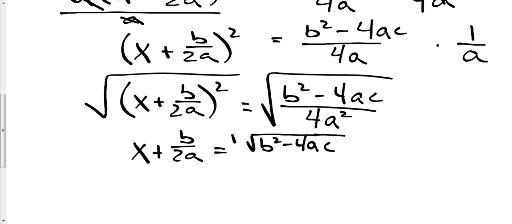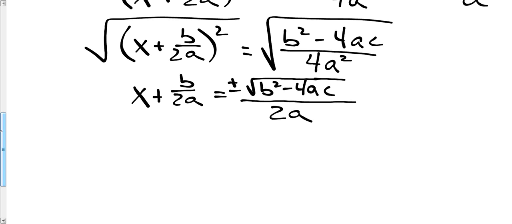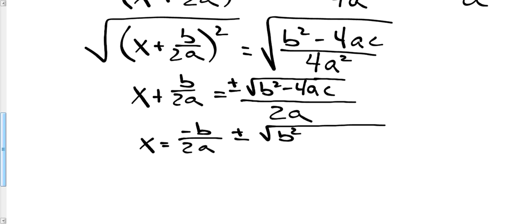Plus or minus. And what's the square root of the bottom? 2a. Now what? Subtract b over 2a from both sides: negative b over 2a plus or minus the square root of b squared minus 4ac over 2a.